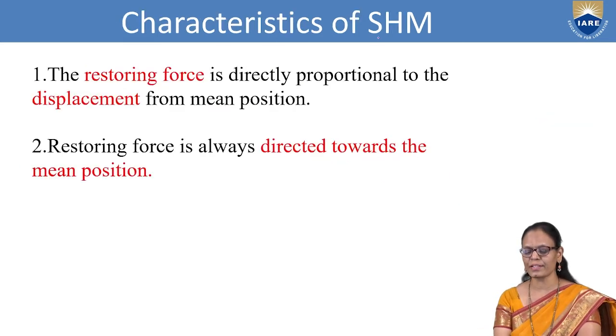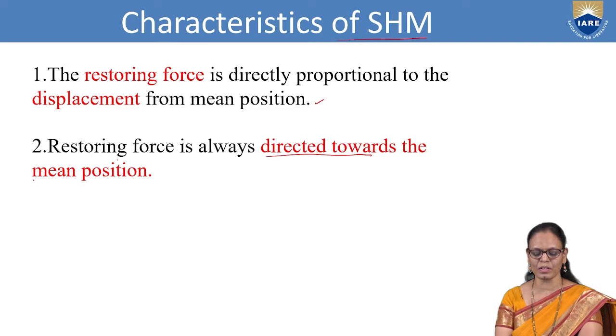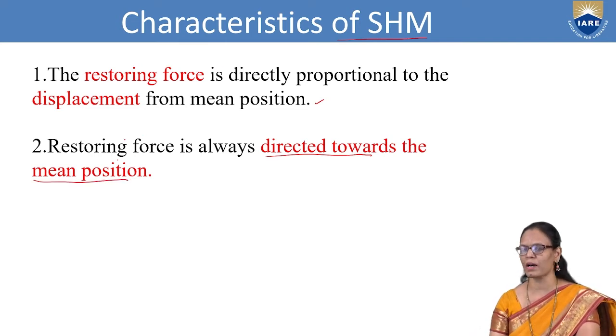Now, what are the characteristics of simple harmonic motion? The restoring force is directly proportional to the displacement from the mean position, and the restoring force is always directed towards the mean position. So, these 2 points we have already discussed in simple harmonic motion.